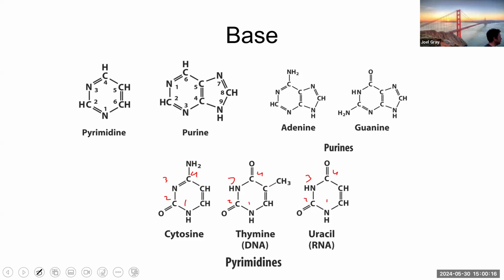Both of those nitrogens in position number 3 have 3 bonds. What does that mean about nitrogen? Does it have a charge? Is it neutral? What does nitrogen really love to have? 3 bonds and a lone pair of electrons.